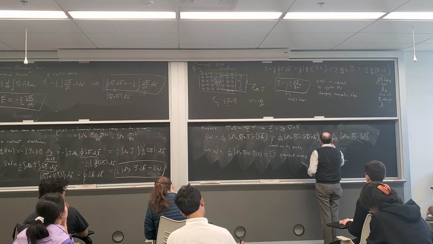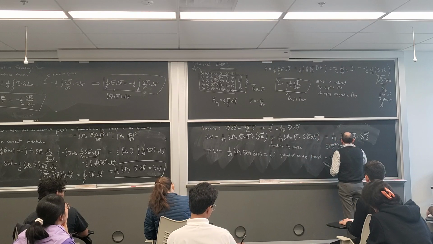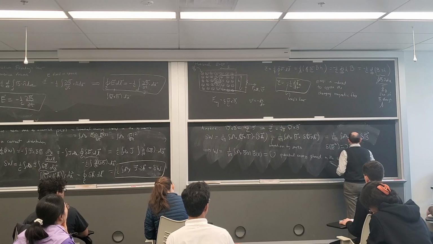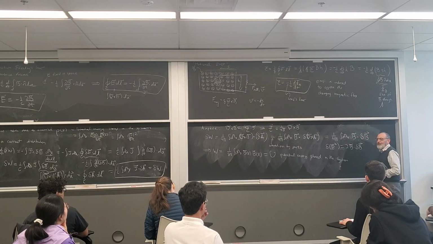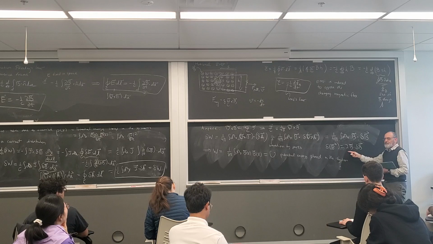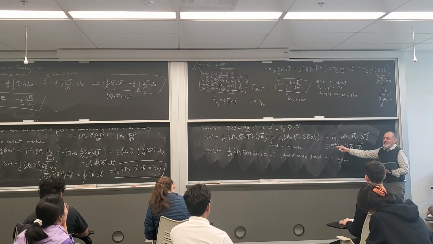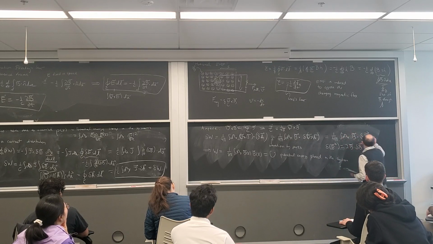Say delta B squared is 2B dot delta B. Okay, that's where the half came from. And that's how I got this.